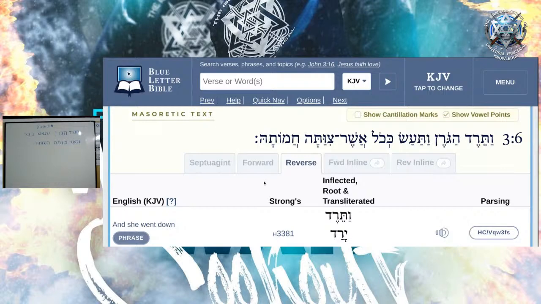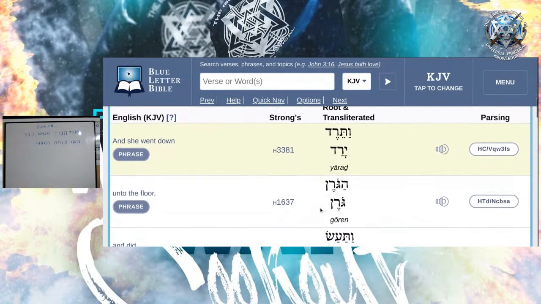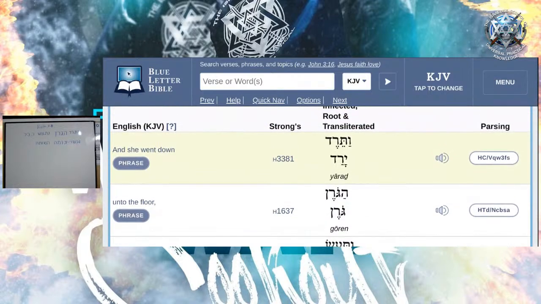All right. Wa the rod. The root word for wa the rod is yarad. Right? Yarad means to go.